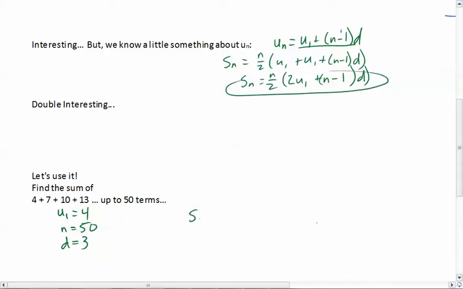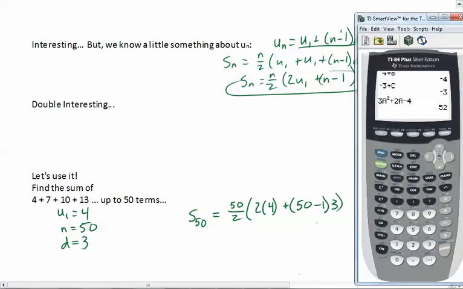And so that's what we're going to use. We're just going to say, okay, if I want the sum of the first 50 terms, it's going to be equal to 50 over 2 times 2 times U1, which is the 4, that was the first term, plus n, which was 50, minus 1 times d, which is 3.